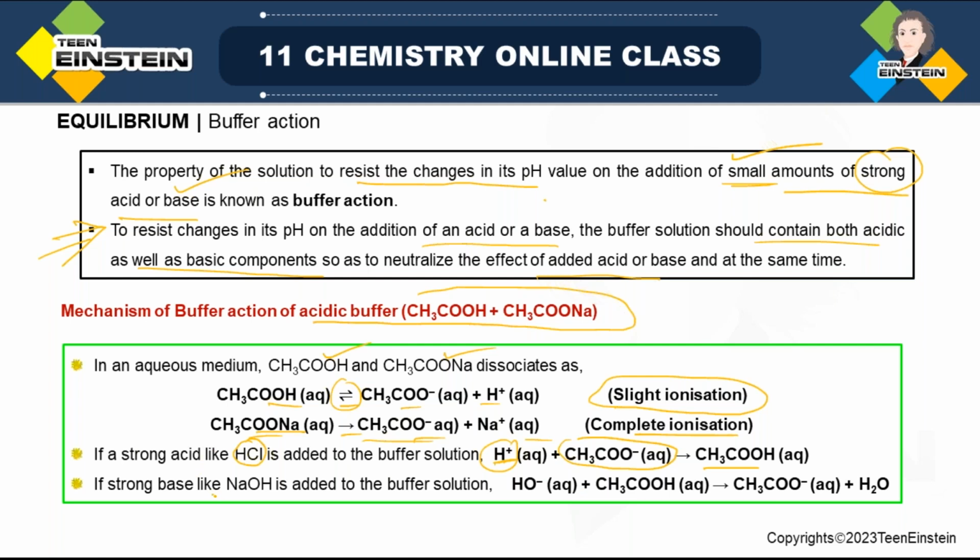Similarly, if you add a small amount of strong base like sodium hydroxide, now consider the acidic component that is present in the solution. Which acidic component have we taken? We have taken acetic acid, undissociated acetic acid. Now you can ask why I have not taken H plus, because that is also an acidic component.